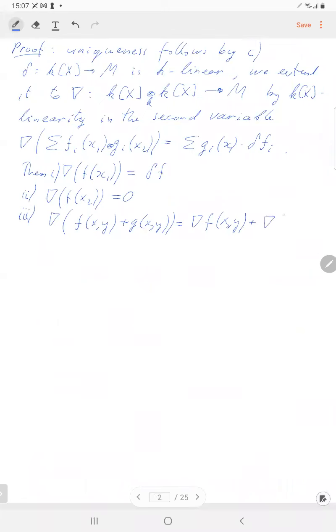Plus nabla g of (x,y), and finally, the Leibniz rule: nabla of f(x1)g(x1,x2)... I'm sorry, you mean that x is equal to x1 and y is equal to x2, isn't it? Yes, let me rewrite it.